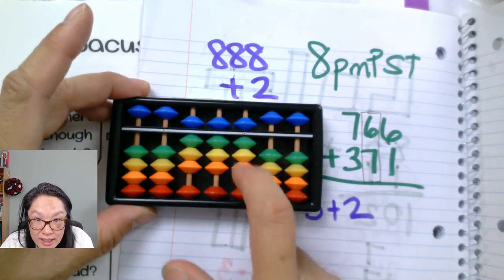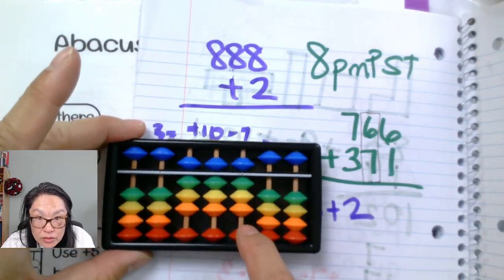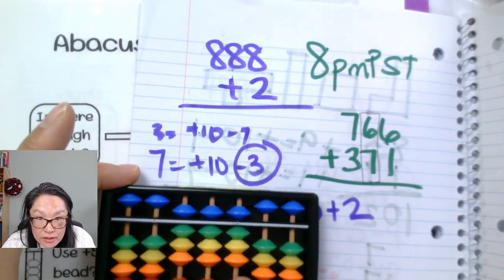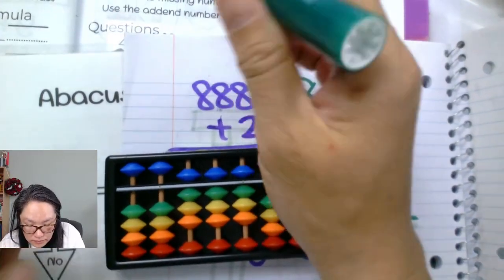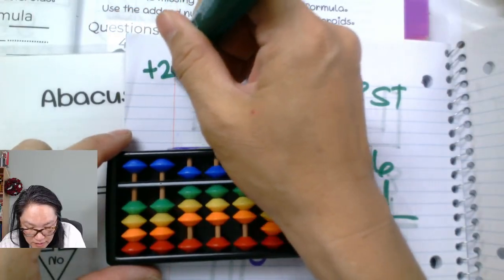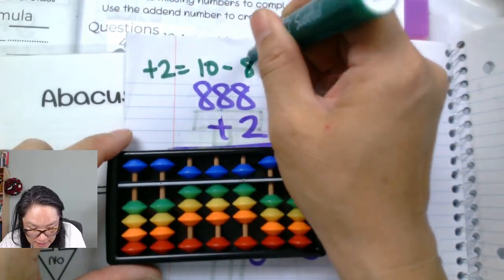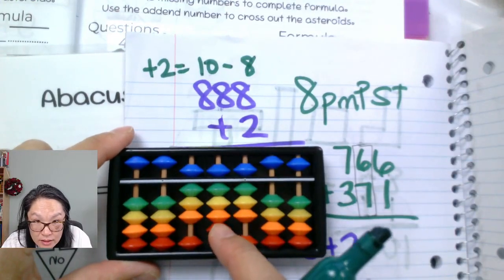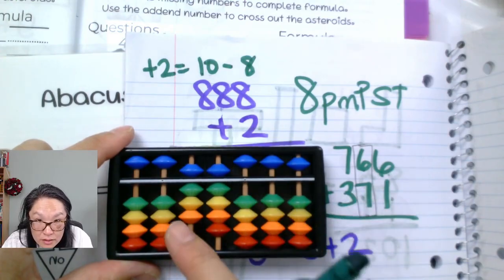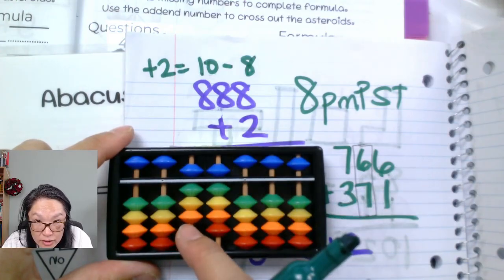There's not enough beads to add the 2. So plus the 2 is equal to plus the 10 minus 8. So my final answer is 890.